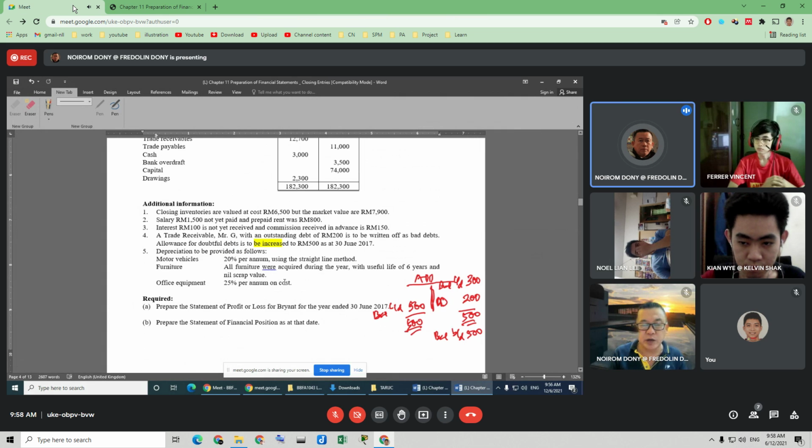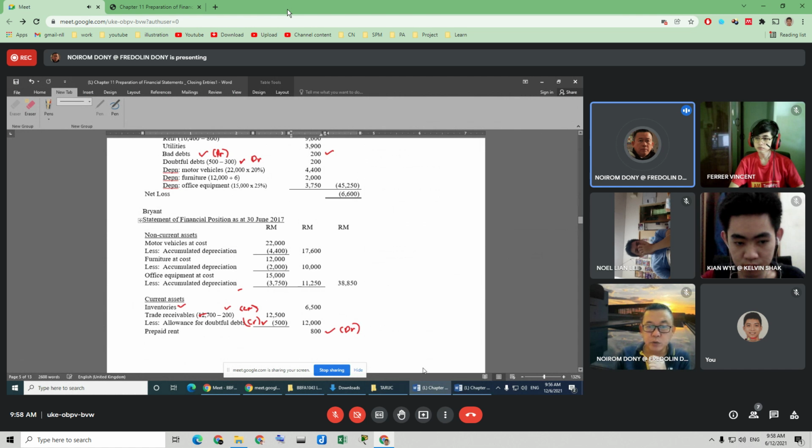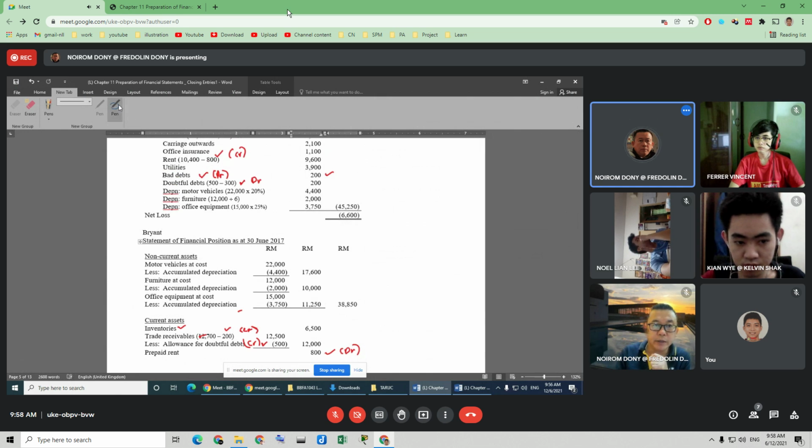So everything is straight line method. The only thing is how the question is presented differently. So meaning this one also 25%, you times with office equipment 15,000, resulting in 3,750. So how do we record this? When we provide depreciation in the SPL, this is how we provide.